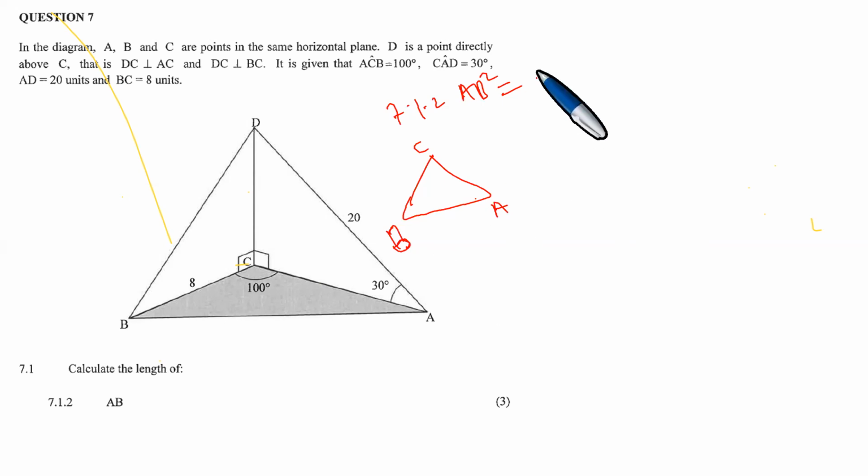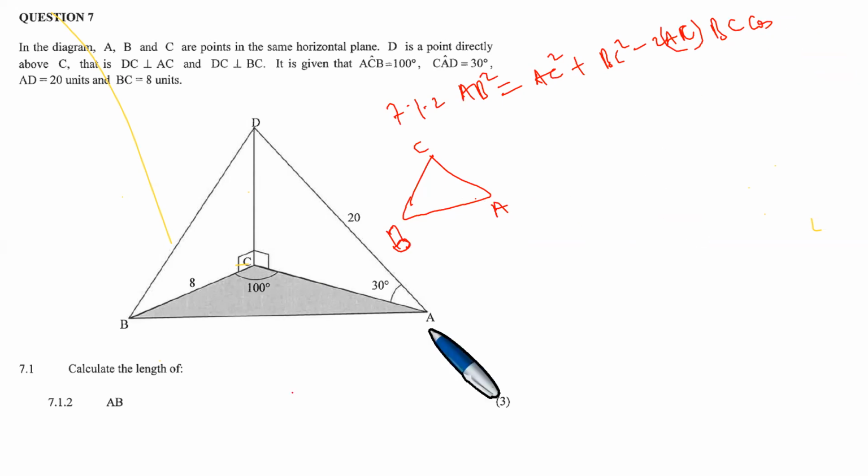Which is AC squared plus BC squared minus 2AC BC cosine, because AB is opposite the angle C. It is opposite angle ACB, cosine rule.